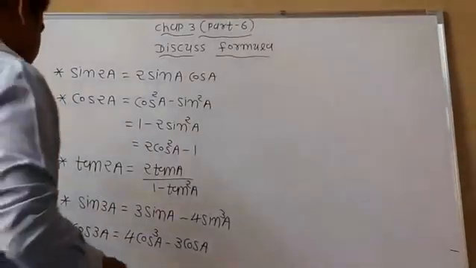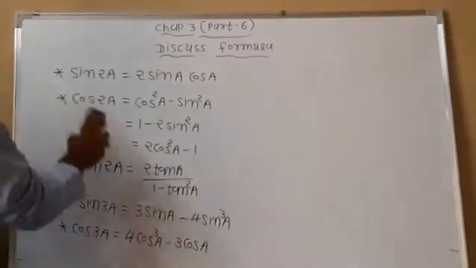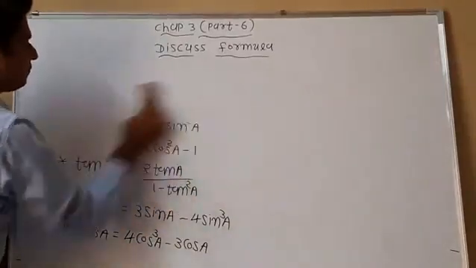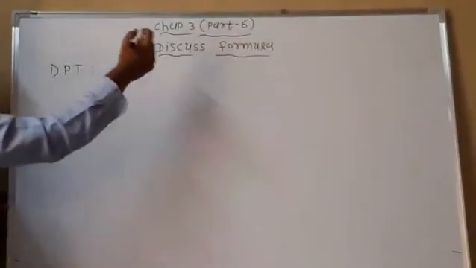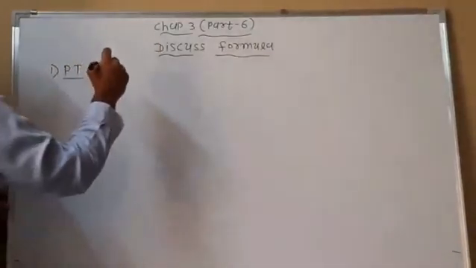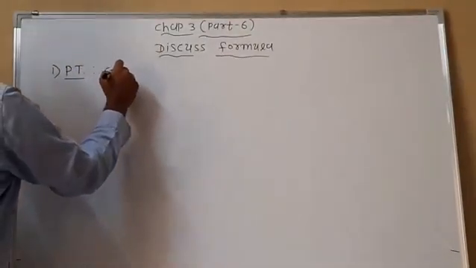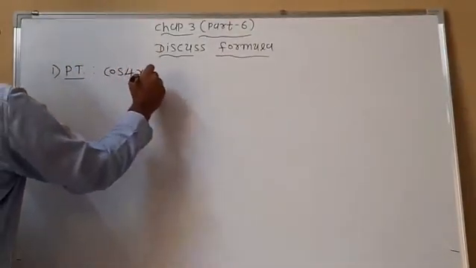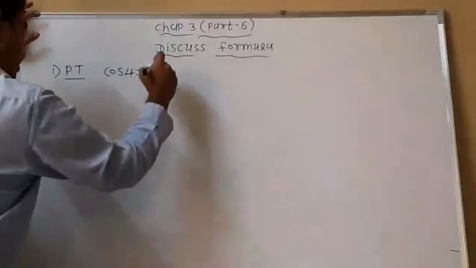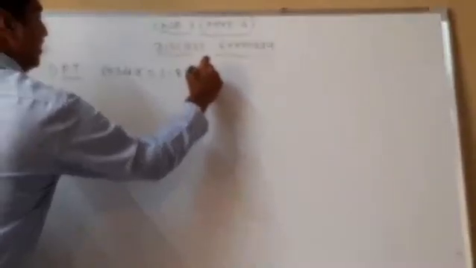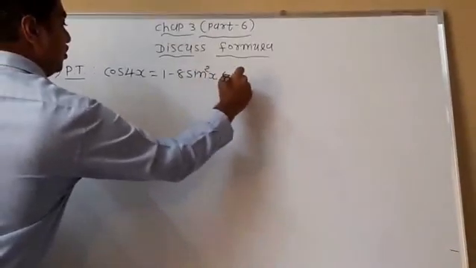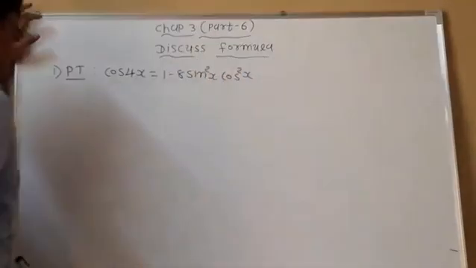So our first question: prove that cos 4x is equal to 1 minus 8 sin square x into cos square x. Okay.